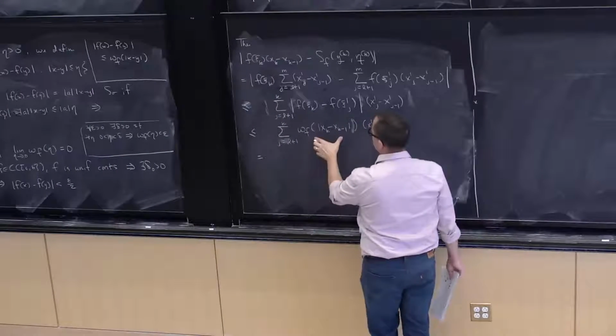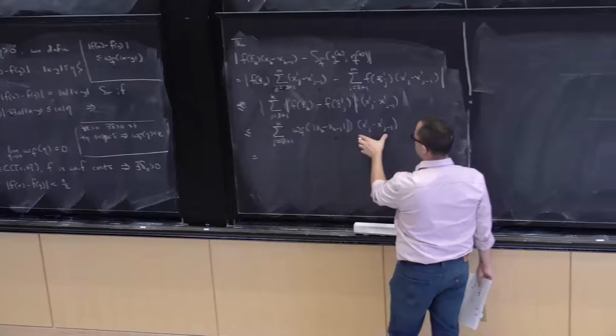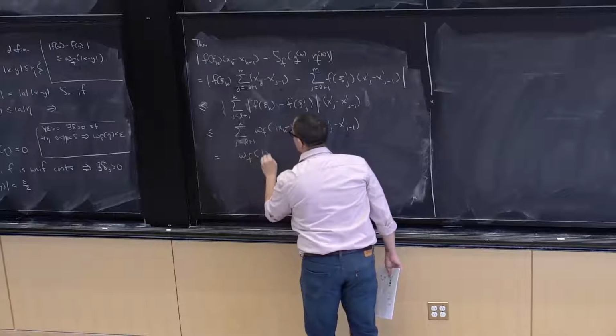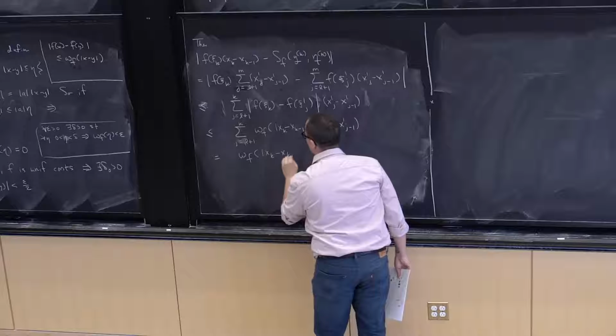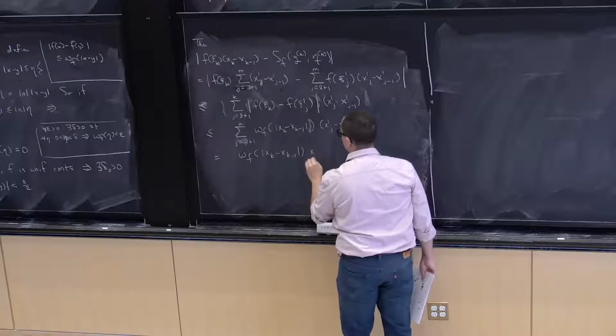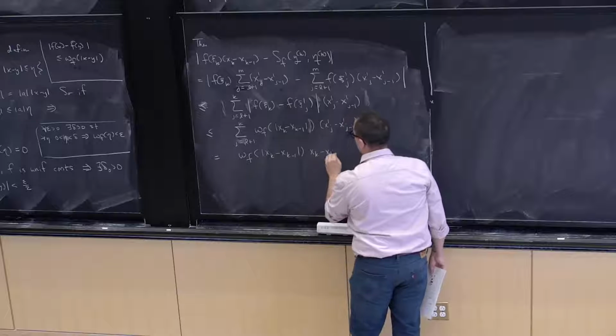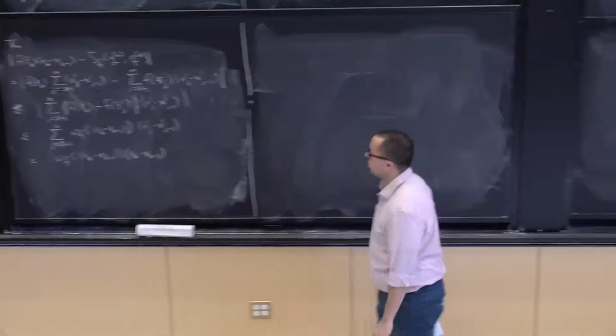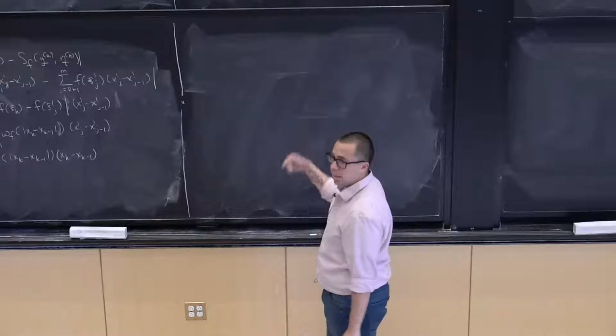Now this doesn't depend on j, so this is again just a telescoping sum, so I just pick up (x_k minus x_{k-1}). Okay, so that's for one piece, and now I just add them up.